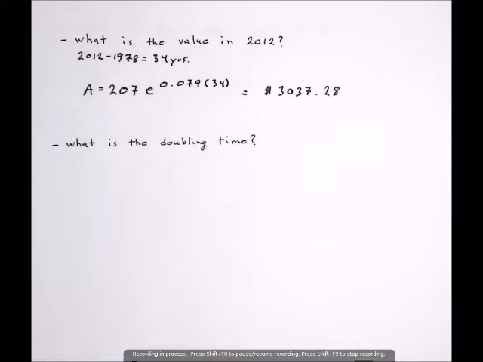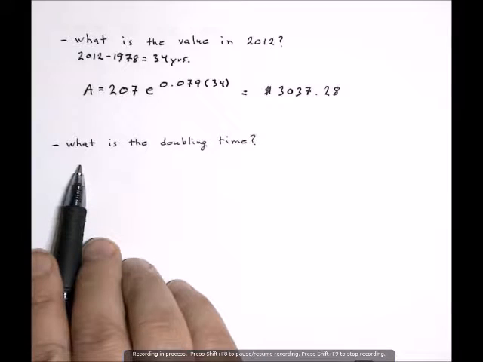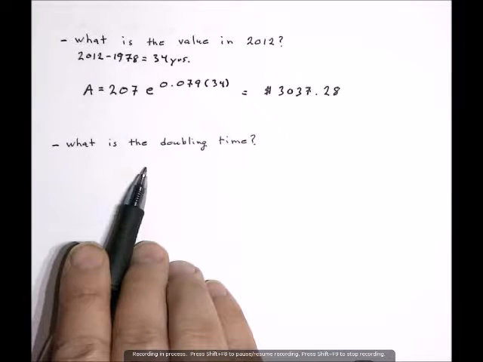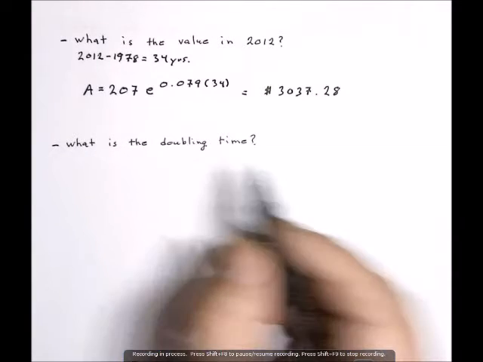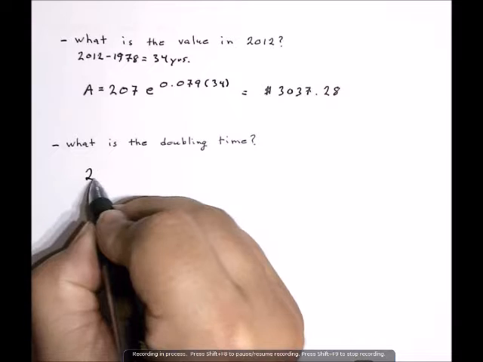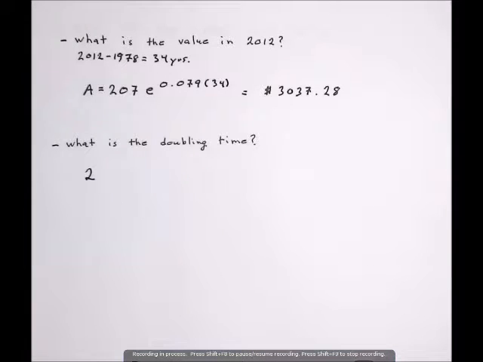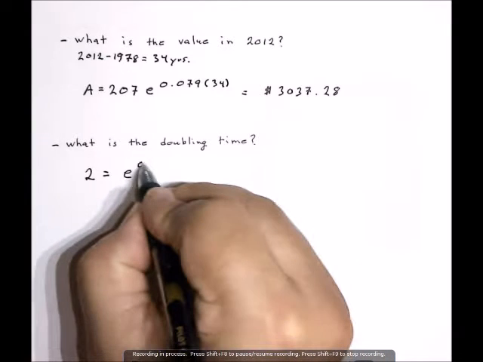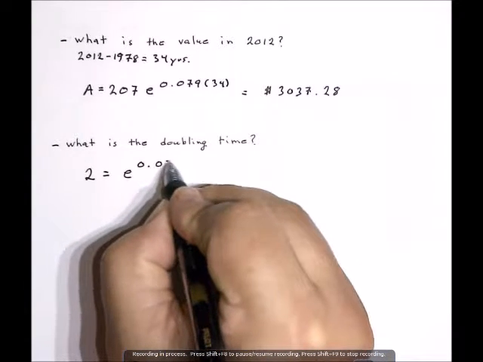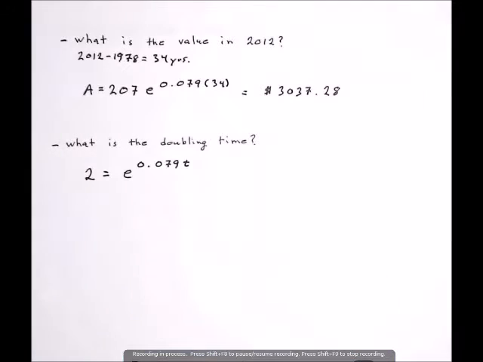Now, doubling time just means the amount of time it takes 207 to go to 414. And we could set it up with 414 as the final amount and 207 as the initial amount, and then do our division. But whenever we have the words doubling time or half-life, it's easier just to put the doubling or the 1/2 out there, forget the initial amount, and then plug in the rest of the growth formula. And then solving for t will give us the doubling time.